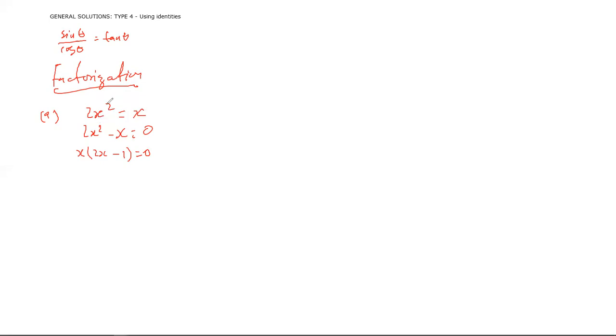If it was a 3, as in grade 12 cubic functions, you know you have to get 3 solutions. So watch out for having x squared equals x. If you divide by x on both sides and say x equals 1, you have one solution, but you have not found all solutions.